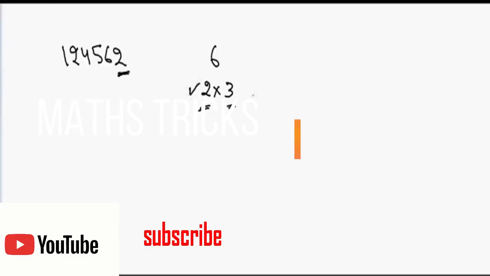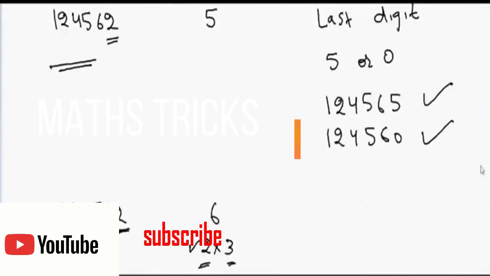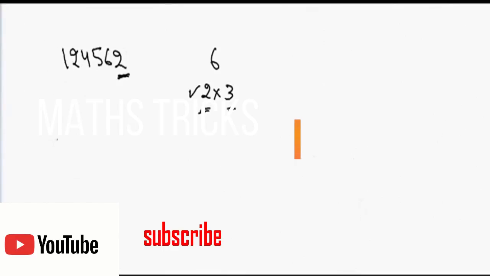So this is okay. But we did the test before and found that the sum, if I go back here, was 20. 1 plus 2 plus 4 plus 5 plus 6 plus 2 was 20, and 20 is not divisible by 3. So this number should not be evenly divided by 6.